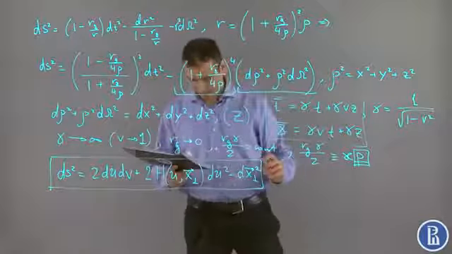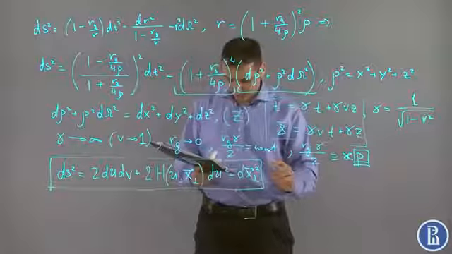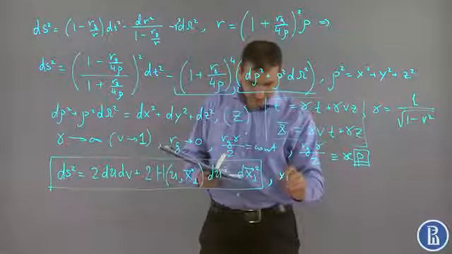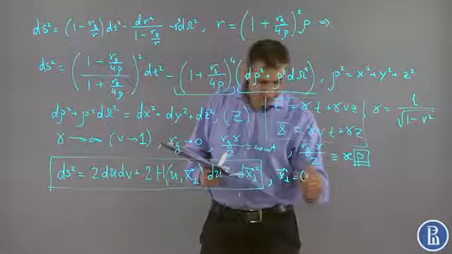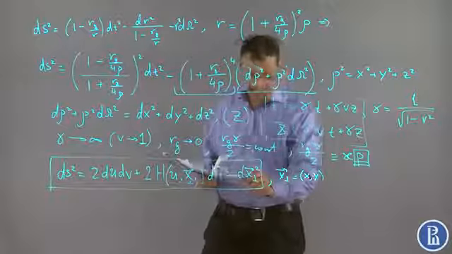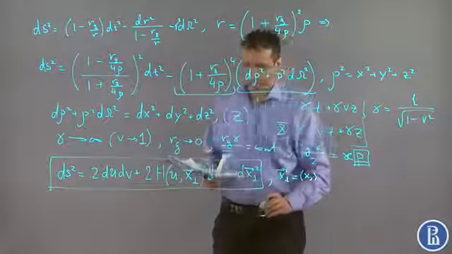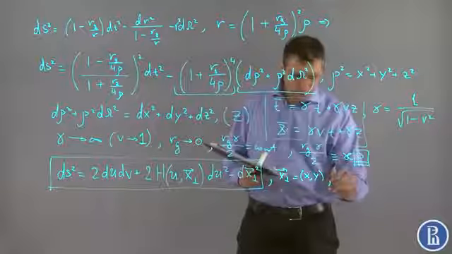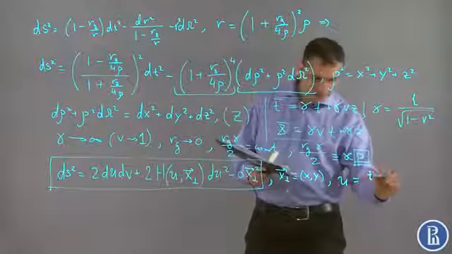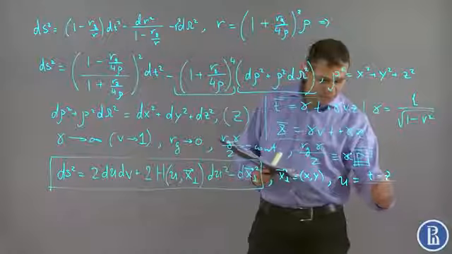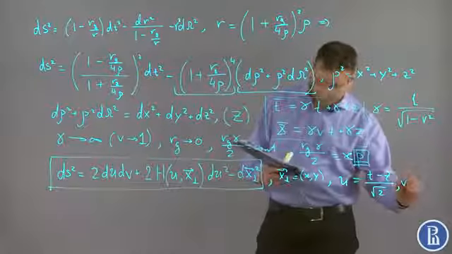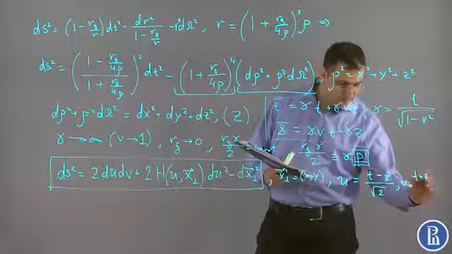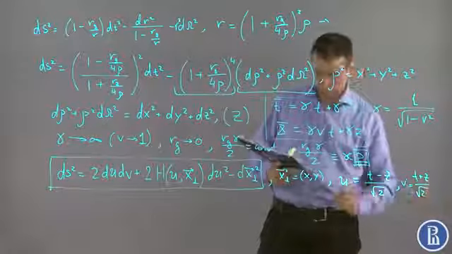So this is the resulting metric after taking this limit. Let me explain the notations. The x perpendicular vector is just x and y, so dx perpendicular squared is just dx squared plus dy squared. Then u is just t minus z over square root of 2, and v is t plus z over square root of 2.